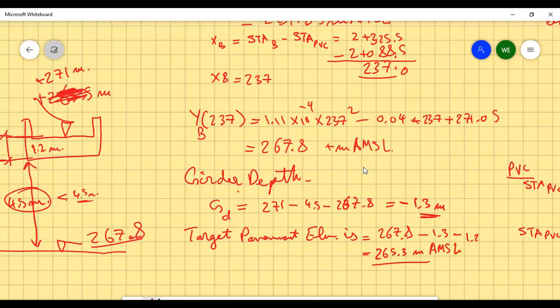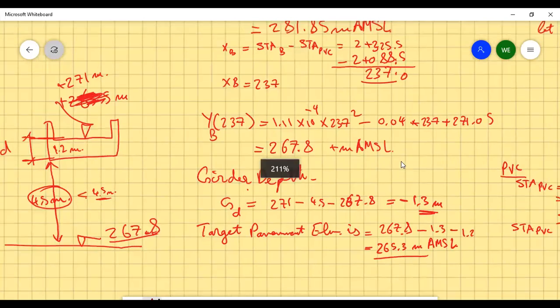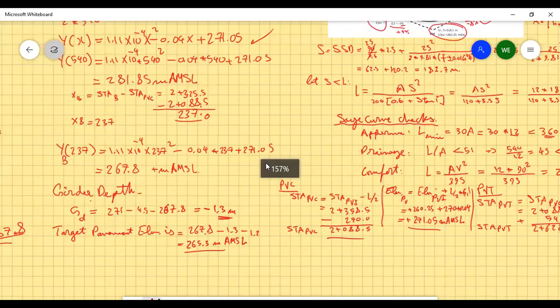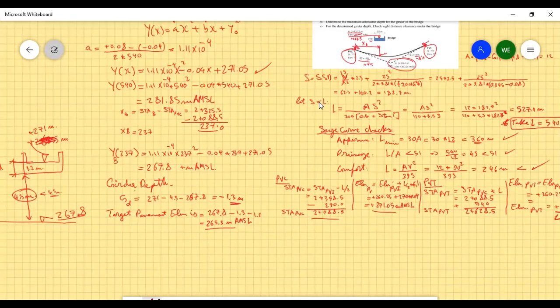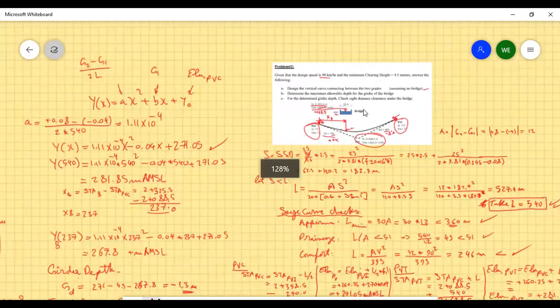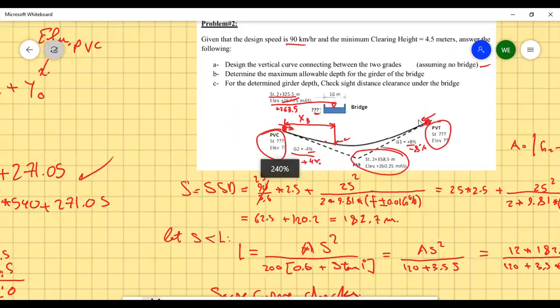How can we do that? I will show you now how we can do that. We can go back to our design and change the length of the curve. If we need to change the length of the curve, then we are gonna change the stopping sight distance.